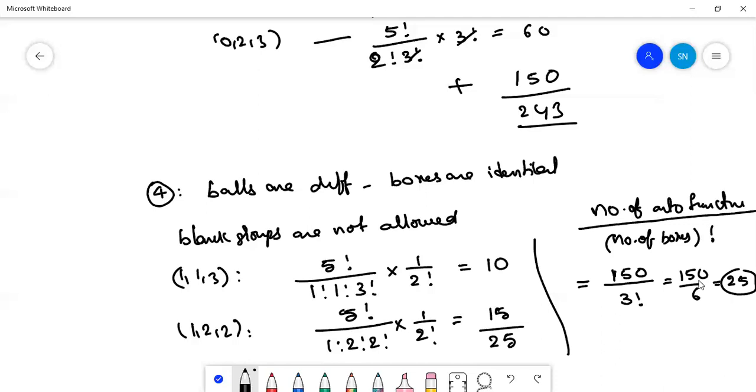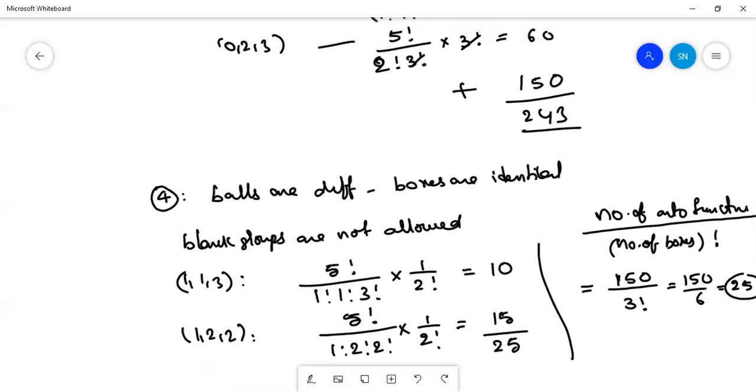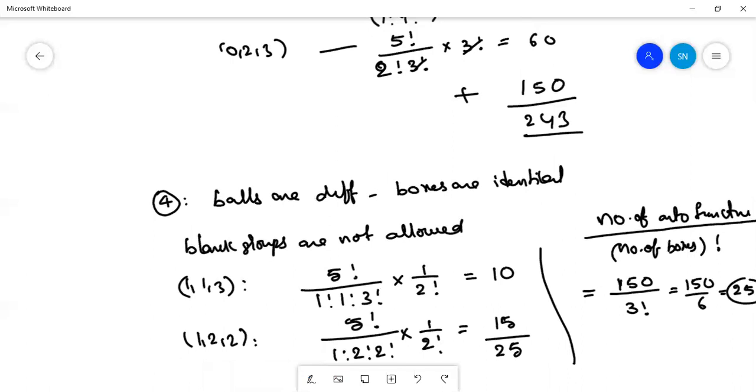So you can directly proceed when balls are different and boxes are identical: directly the number of onto functions divided by the number of boxes factorial. So coming to the last point, balls are different, boxes are identical.